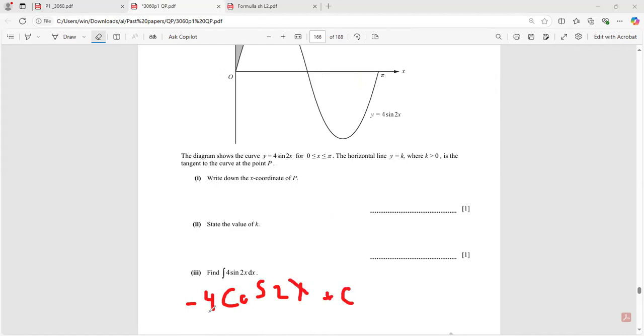Remember to divide by the coefficient of x, which is 2, so it equals negative 2 cosine 2x plus c, and we did it. Let's go next.